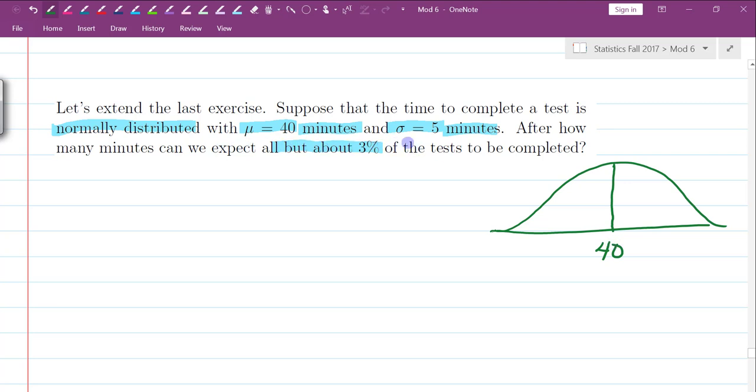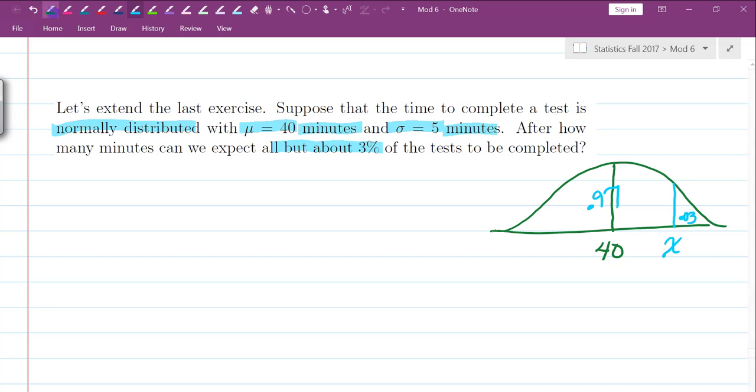So I need to find some value of x, which is going to represent time, which we don't know yet, such that all but 3% of the exams are completed. So 97% of the exams are completed, 3% are not. Well, that's exactly what we just did a moment ago, isn't it?